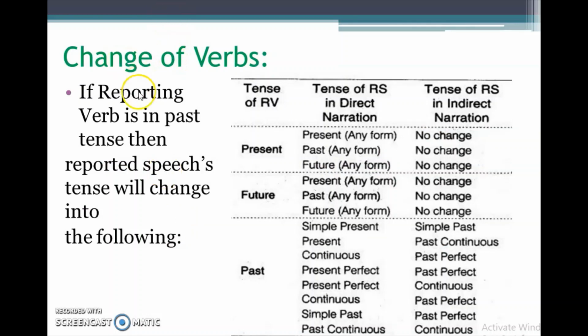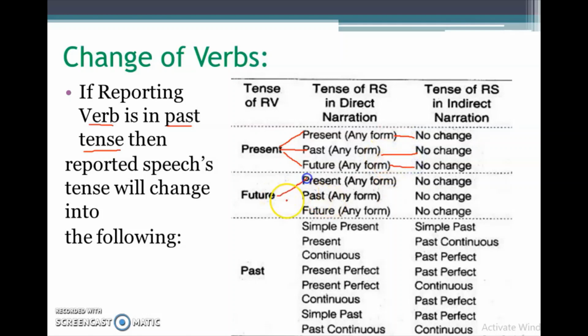The next rule is change of verb if the reporting verb represents the past tense. If the reporting verb is in past tense, then the reported speech tense will change according to the following rules. So what are those rules? We have already discussed, if there is present tense and in the second part of the sentence there are all the aspects of present tense, then we will not change the verb.